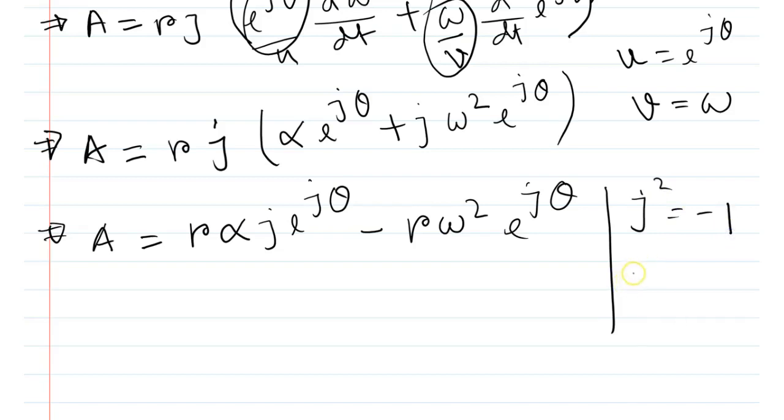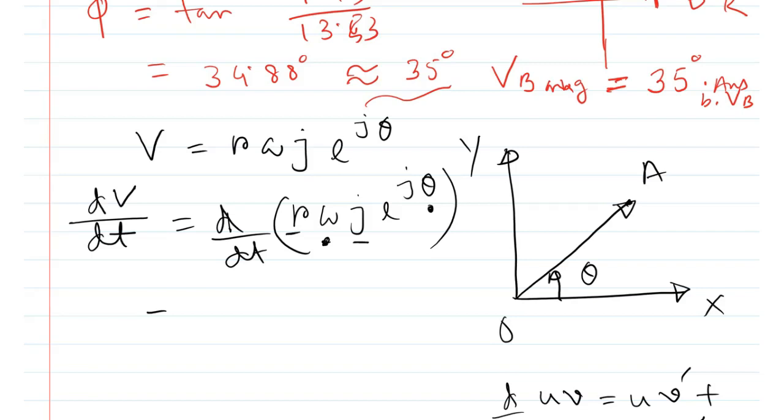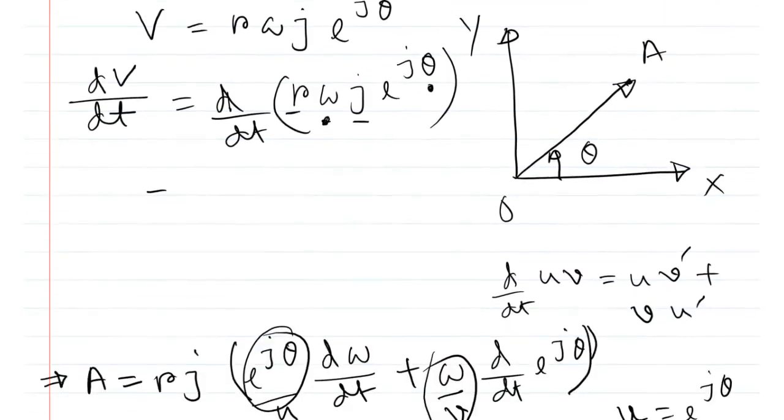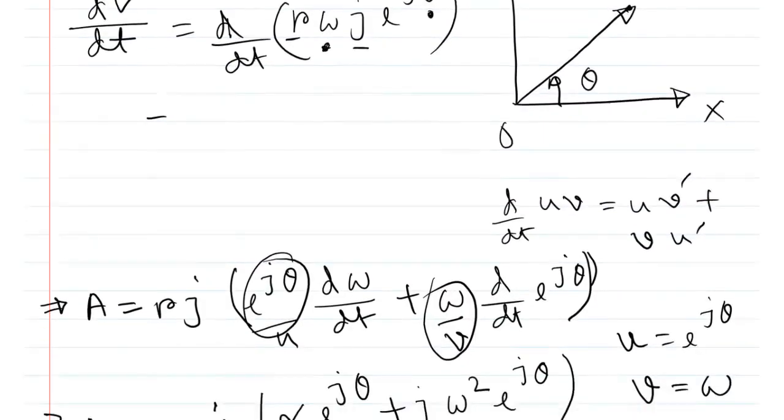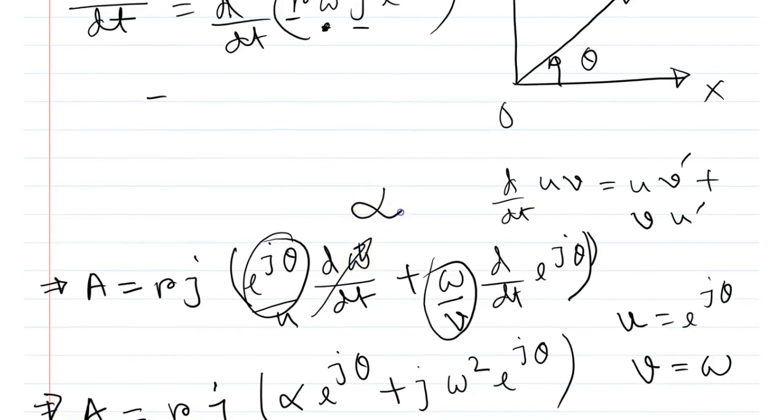The other is, by definition, alpha equals d omega by dt, and that's why when we differentiate omega by dt here, we find alpha.